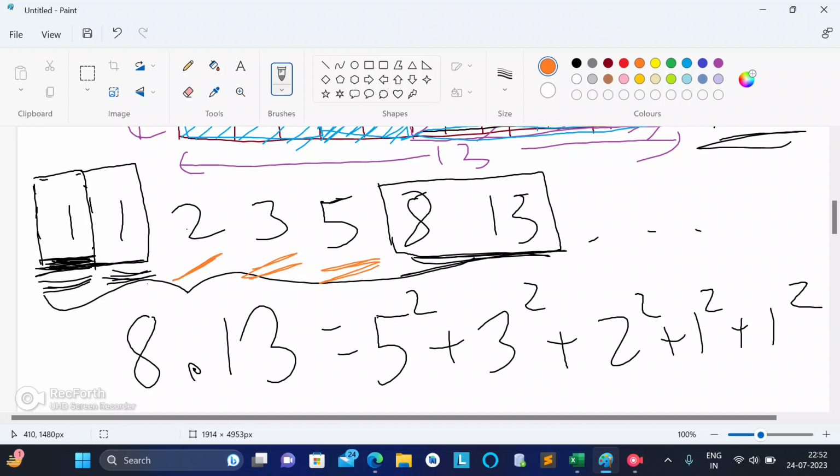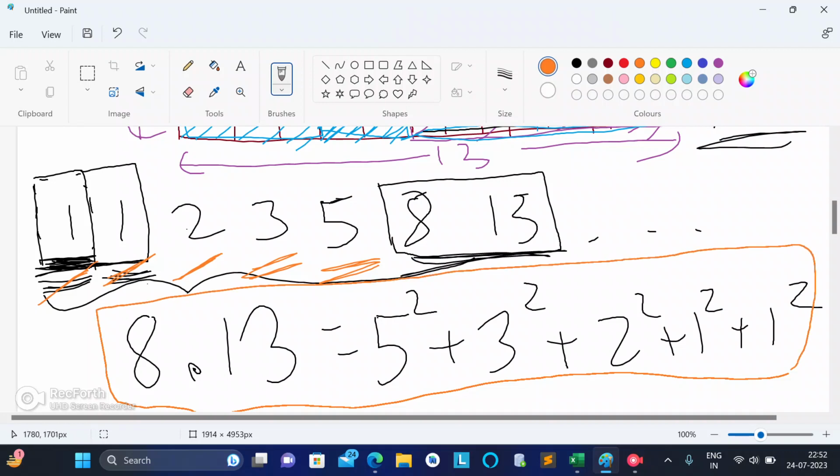How is this property relevant to us? 8 cross 13 is the area of the rectangle, which we have seen above. We had made a square of 5, so the area is 5 square. We had also made a square.